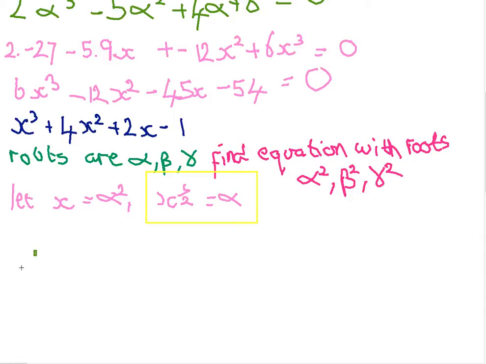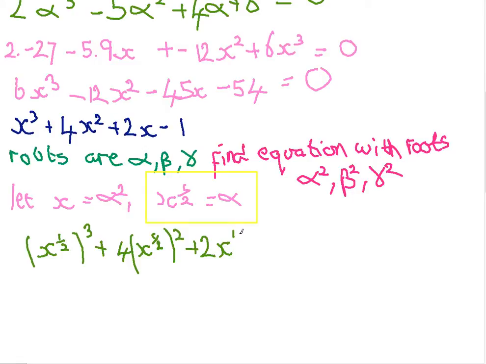x to the half cubed plus 4 x to the half squared plus 2 x to the half minus 1 equals 0.